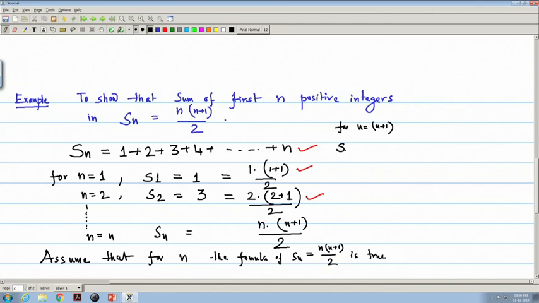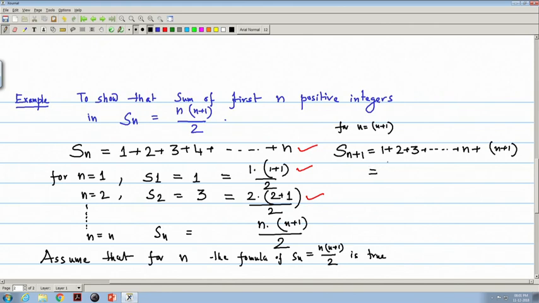From the definition we know that Sn plus 1 is 1 plus 2 plus 3 plus up to n plus 1.